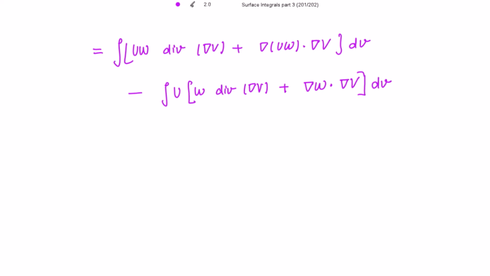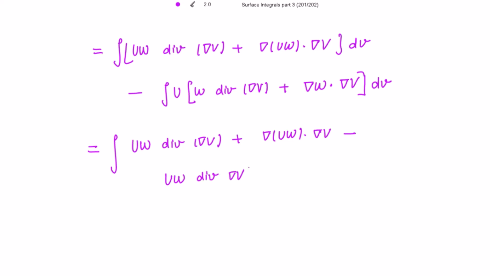Is it okay? Fine. Let's merge these two integrals together. We get u w divergence of ∇v plus ∇(u w) dot product with ∇v minus u w divergence of ∇v minus u ∇w dot product with ∇v dv.